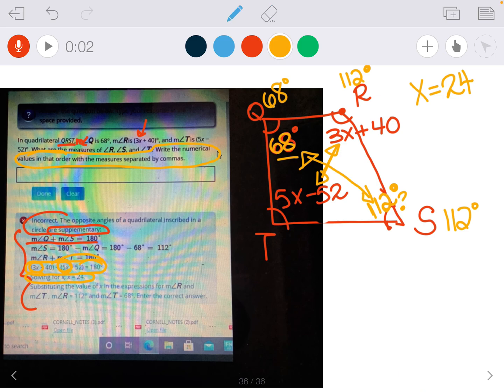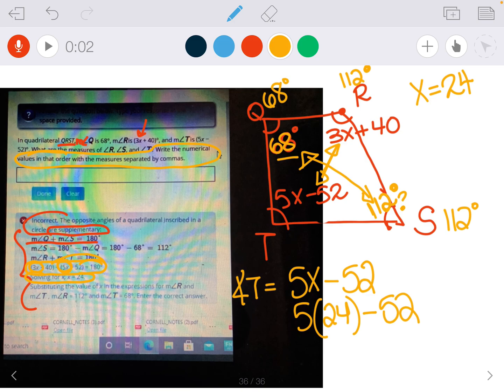And now the last thing is angle T. I could even just take 5x minus 52. Angle T equals 5 times 24 minus 52. So again, all I'm doing here is I'm literally looking at these steps they give me. You have to read them. You have to actually do each step to get your answers, okay?